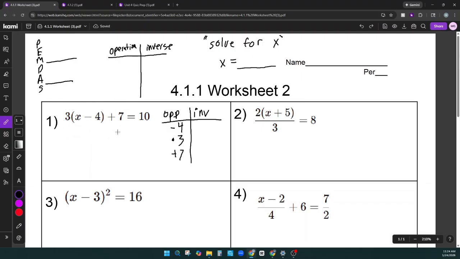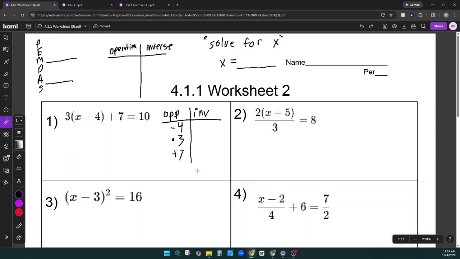So now that I know that I'm done listing out my operations, now I need to figure out, okay, that's what happened to x. How do I undo each of these? And that's where our inverse operations come into play. Because in math, I can't just get rid of things. I need to cancel them. And in order to cancel, I need to do the opposite operations.